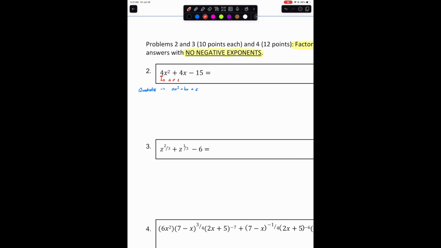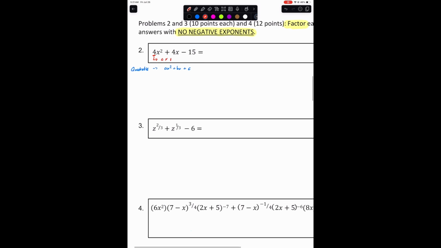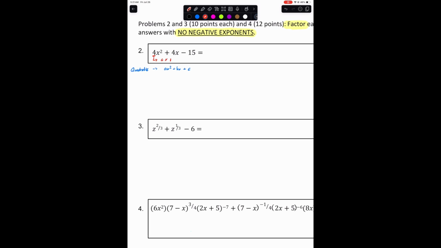I'm just a bigger fan of the butterfly method, where you find the two factors, then you split and just factor from there. I will show that, of course, do not worry. So for a, it's not 1, I will avoid the quadratic formula.